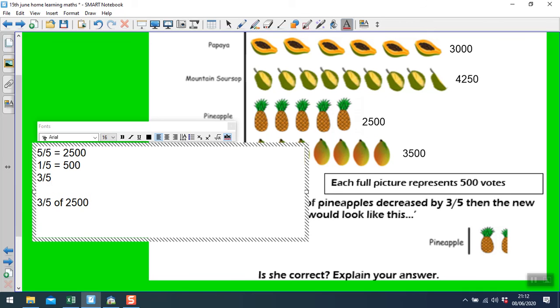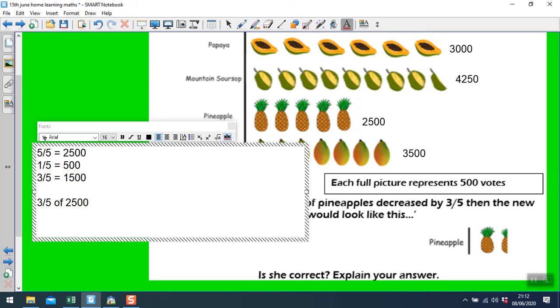So now we can do 3/5 of 2,500. So one group is 500, 3/5 is 500 plus 500 plus 500, which is 1,500. So 3/5 of 2,500 equals 1,500.